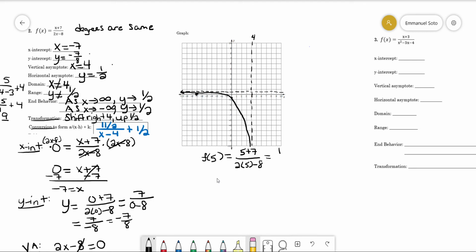So we have 5 plus 7 is 12. 2 times 5 is 10. 10 minus 8 is going to be 2. 12 divided by 2 is 6. So we have 5 and then 6. Now we can kind of tell how it looks. It's curving up here and then curving down to the horizontal asymptote.